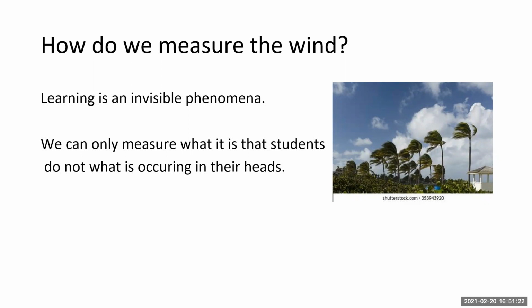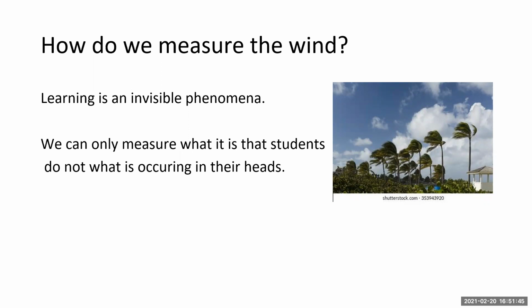Of course, you would do things like, well, are the trees moving? Are people's umbrellas being pulled out? Is it raining? Is the rain coming down at an angle? All of these issues will give us clues that it is windy.